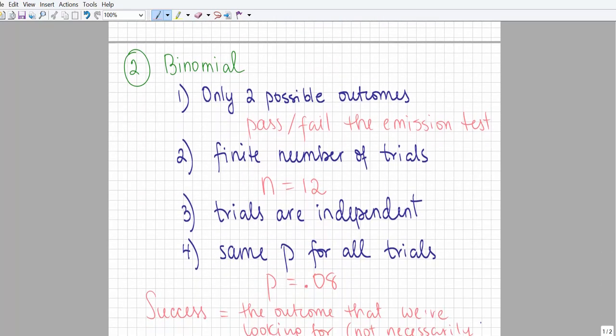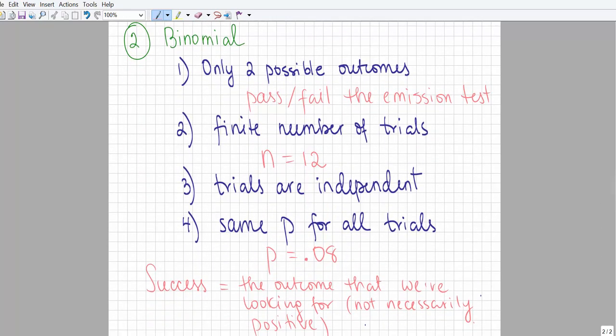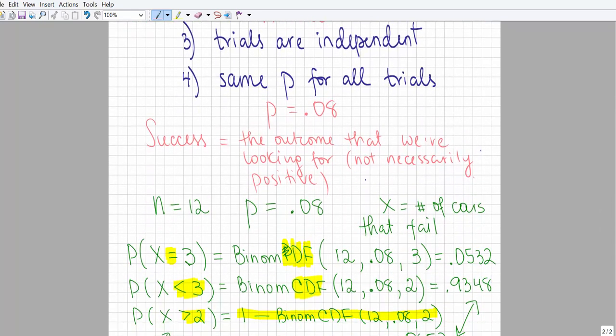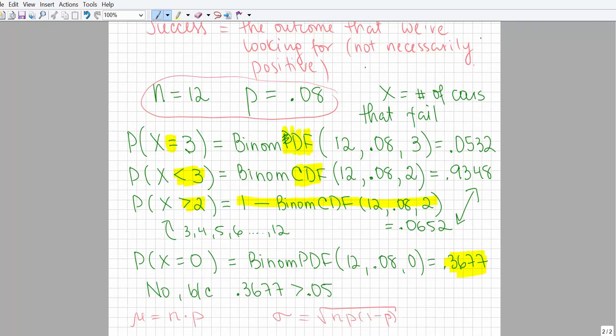And then binomial: know how to recognize that this is a binomial experiment, and then get your notation right away. What is your n? What is your p? And you have two commands here, binomial PDF and binomial CDF, and then how to compute the mean and the standard deviation. All right, thank you for watching.